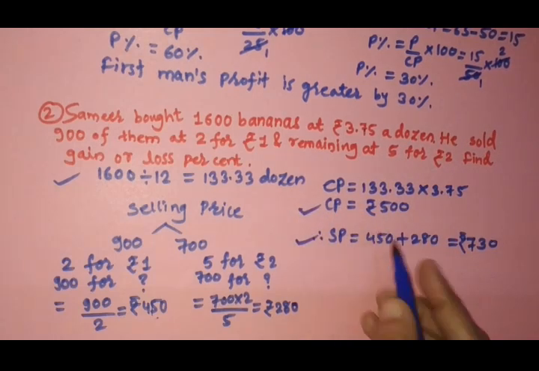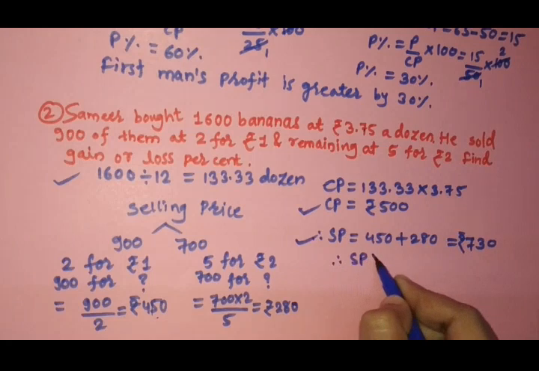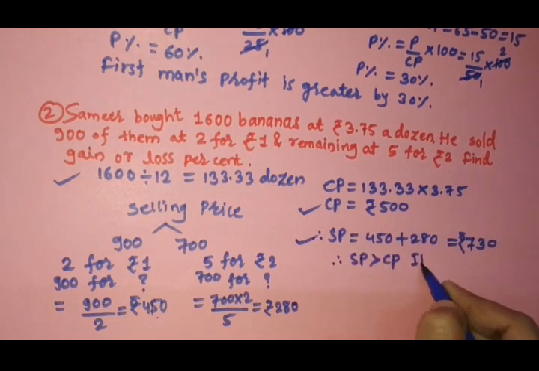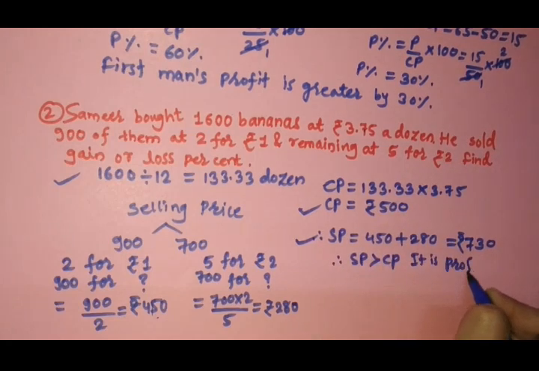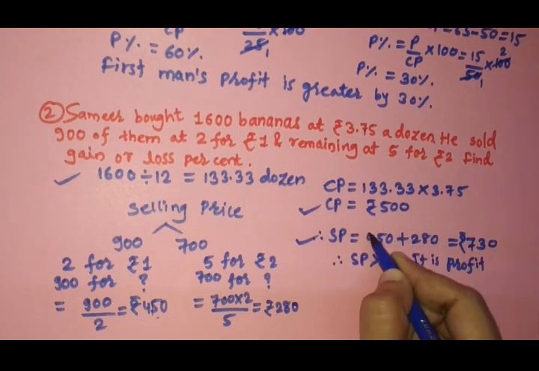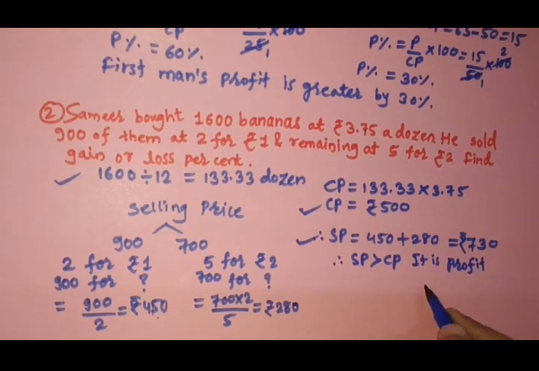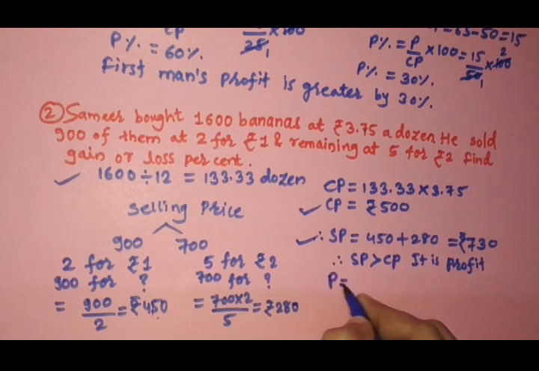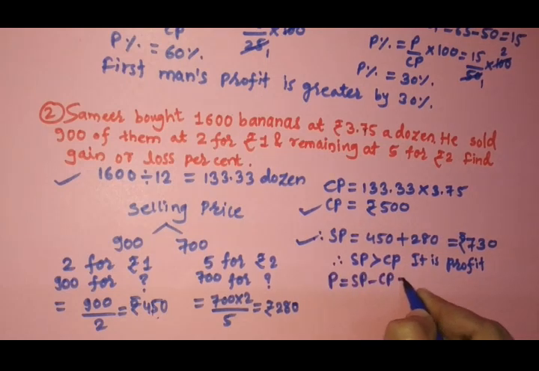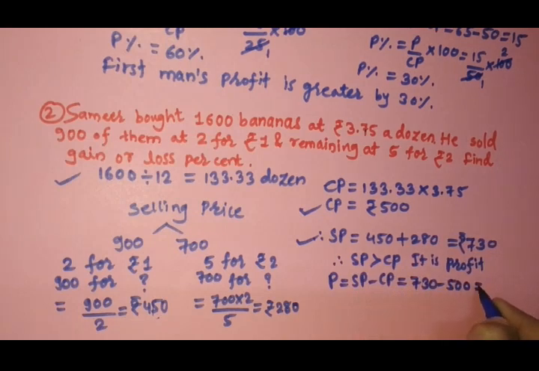If you compare, you can say SP is greater than CP, 730 is more than cost price. So it is a profit. And the profit you need to take out by doing SP minus CP. You will do 730 minus 500, which gives 230.